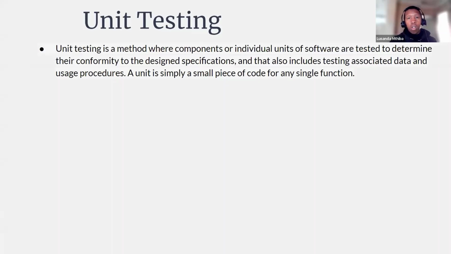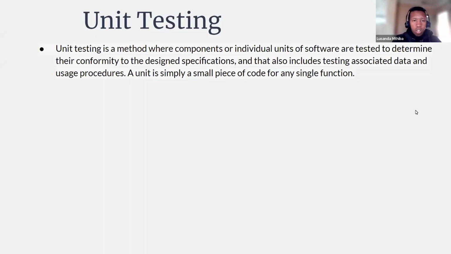So you write unit tests for small functions, like functions that are called on the endpoints, which are going to give you an output. Those are the units. We test each and every unit of your software.